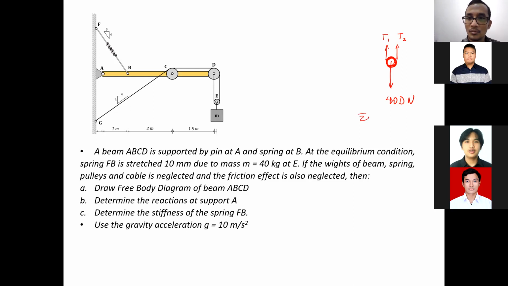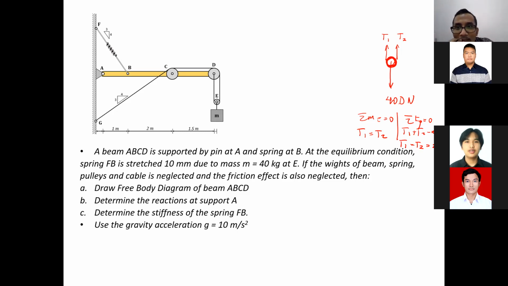Using sigma moment at E equal to 0, we get T1 equal to T2, because T1 multiplied by R equals T2 multiplied by R. Using sigma Fy equal to 0, T1 plus T2 minus 400 equals 0. So T1 equals T2 equals 200 Newton. That's what we get from the first free body diagram.